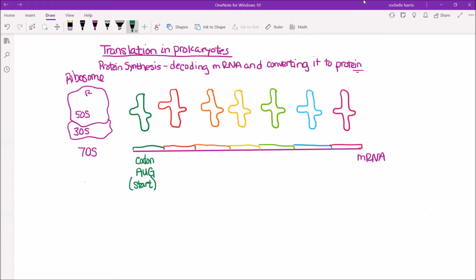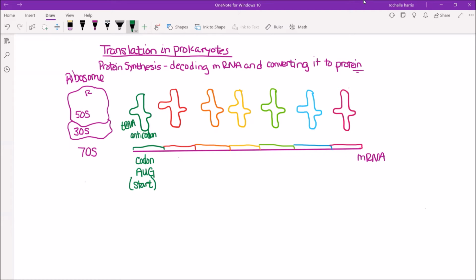Our sense codon. So we will see our transfer RNA come to this particular codon, because on the bottom of this tRNA is the anticodon. It is complementary to this codon.